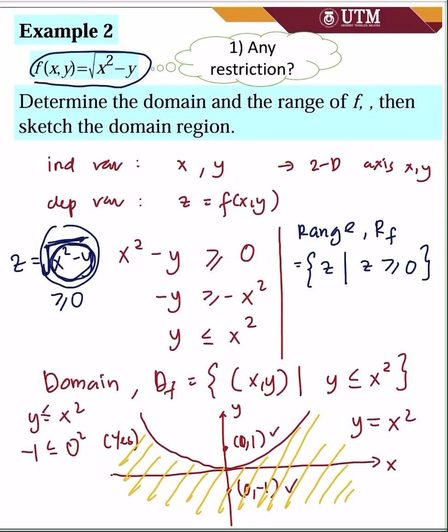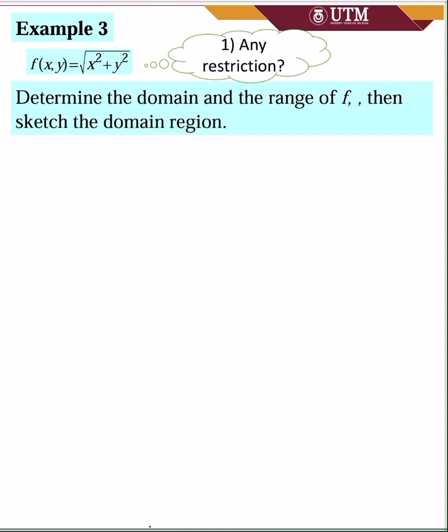Alright, now let's look at the next example. This one. If we have x squared plus y squared, we have the independent variables, which are x and y, and the dependent variable, which is z.